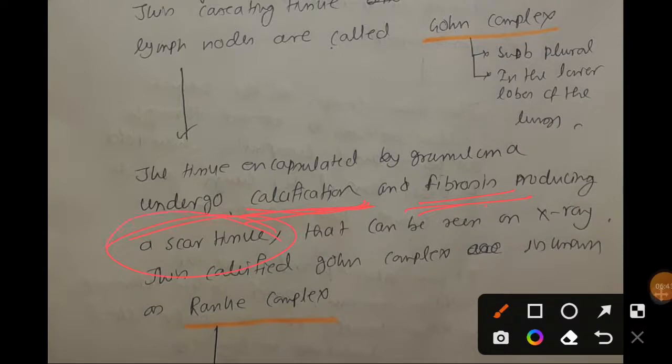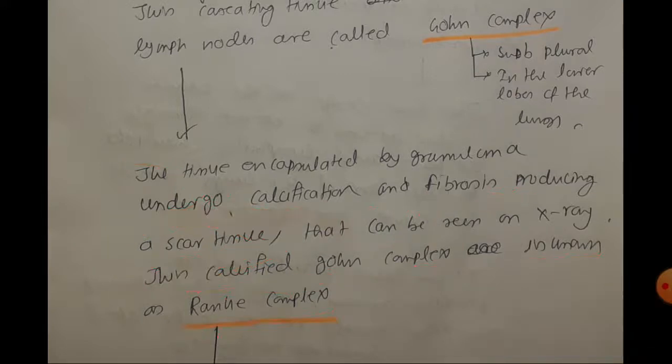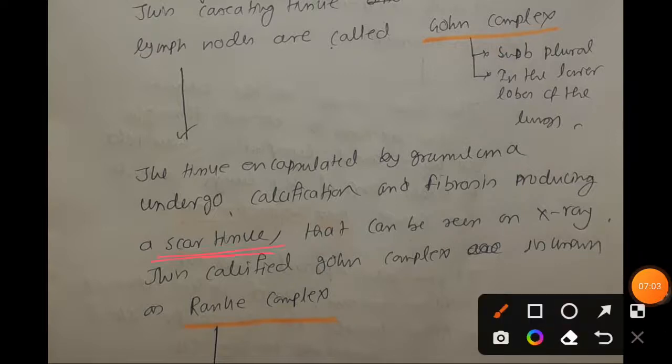Remember this term, scar tissue, that can be seen on X-ray, and this calcified Ghon complex is known as the Ranke complex. That means the tissue still present inside the granuloma now undergoes calcification and fibrosis, and produces a scar tissue that can be seen on X-ray.